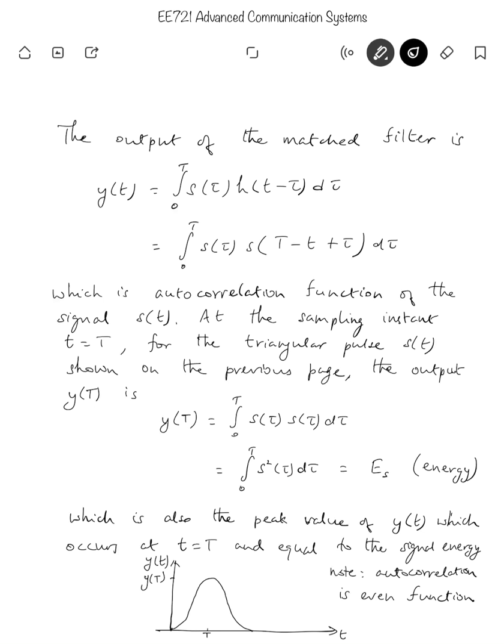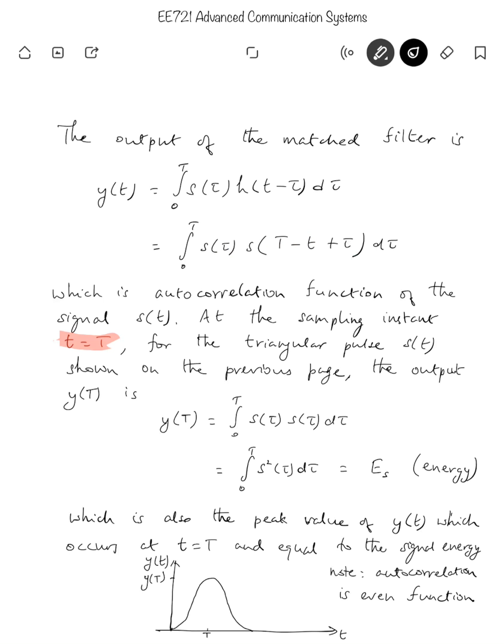If you sample the output of the matched filter at t equal to capital T, then the shift disappears and you have s of tau into s of tau.